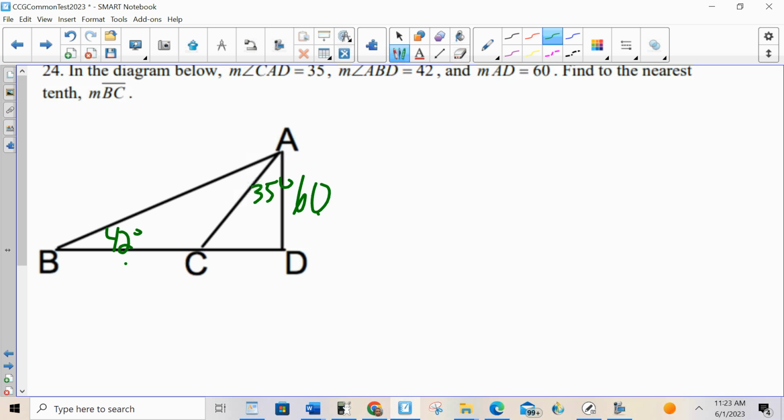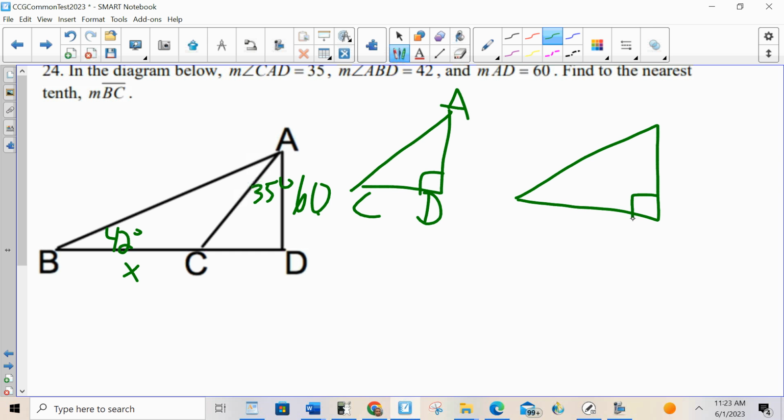And it wants BC. Your go-to should be subtraction. Can I subtract two things to find BC? Yes. So I'm going to draw both right triangles. I'm going to draw CDA. And I'm going to draw BDA. So the small one first, this is 35, this is 60, and I'm finding the bottom.